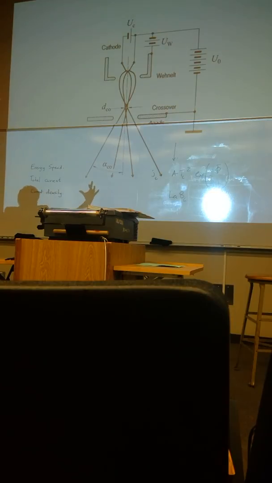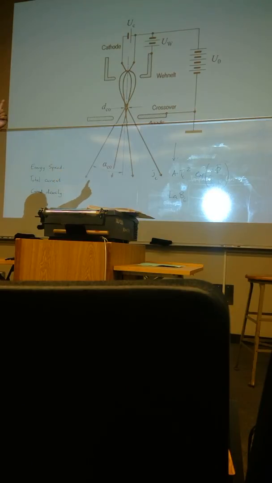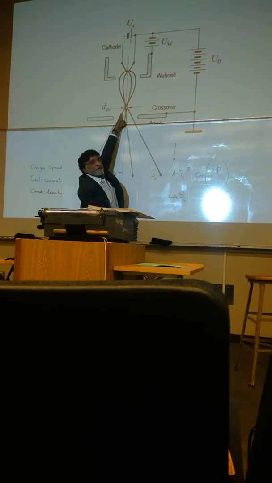So you want to bring the electrons back to focus. So you have a cylindrical cup, what's called a Wehnelt, with a small hole, and that's kept at a negative potential. What happens is that the electrons coming out are repelled by the Wehnelt and are all focused to this point.